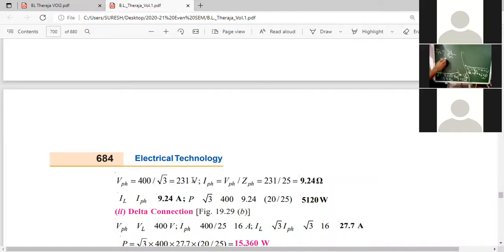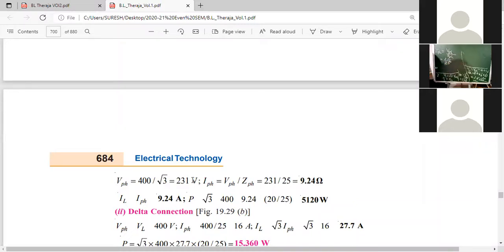Here V phase is 231. Z phase converted to polar form is 25 at an angle of around 36 ohms.